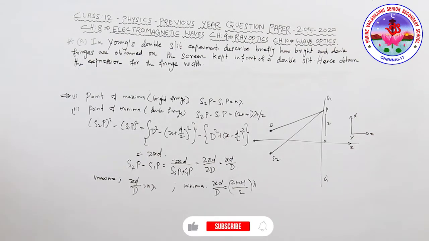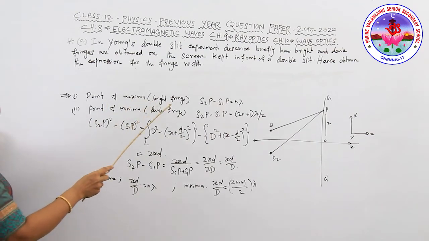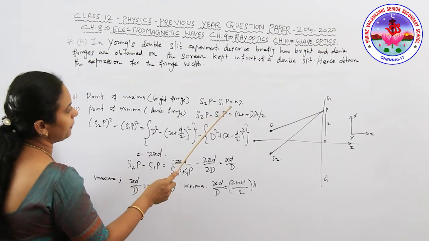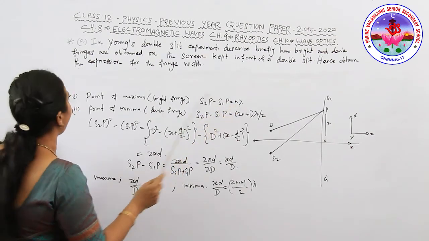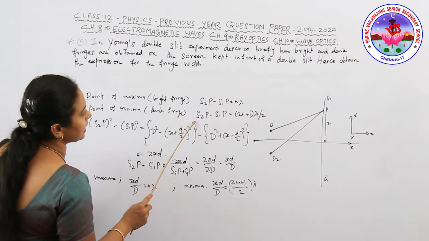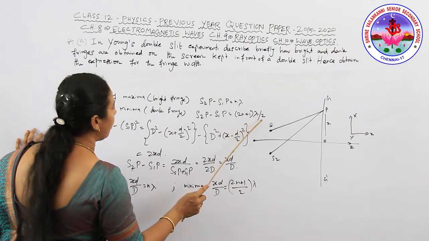So now we may take y1 as A sin omega t and y2 as B sin omega t also. Here the point of maxima, that is for the bright fringes, we can say that S2P minus S1P is equal to n lambda. The point of minima, that is for the dark fringes, the condition is S2P minus S1P equal to (2n plus 1) lambda by 2.